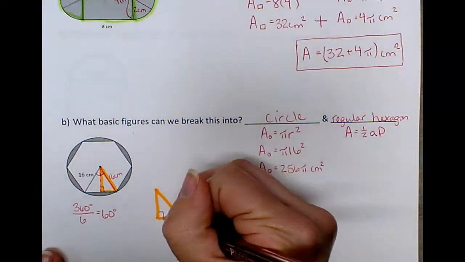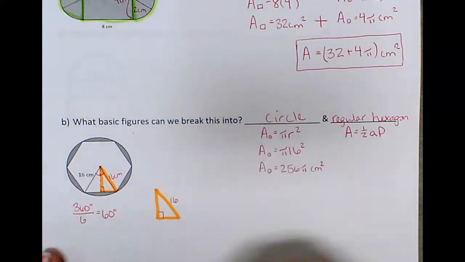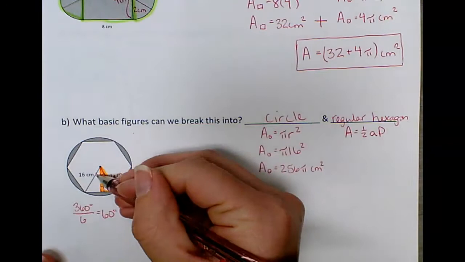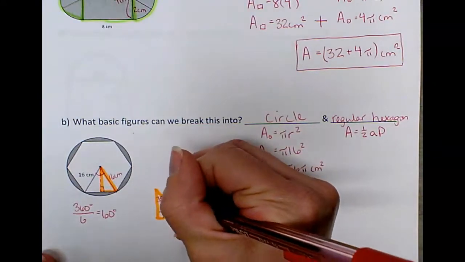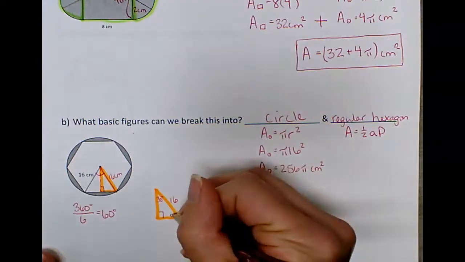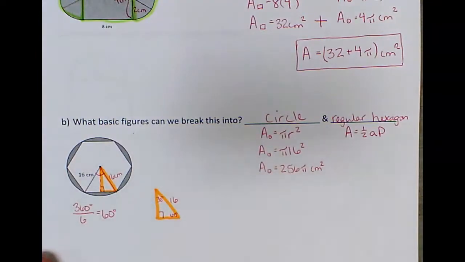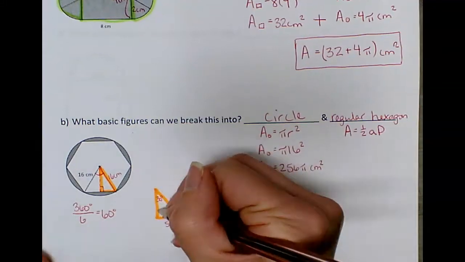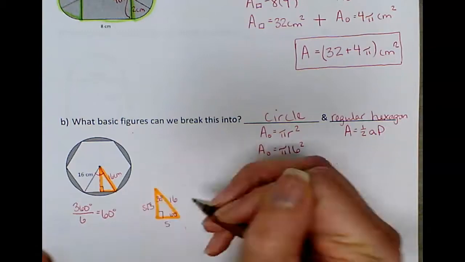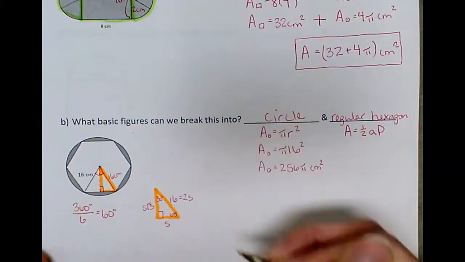So here's my right angle. Here's my 16 centimeter hypotenuse. This whole central angle measure is 60 degrees, so half of it is 30 degrees. That means that this is 60 degrees over here. So I've got a special right triangle here. My short side is s, my long side is s square roots of 3, and my hypotenuse is 2s.